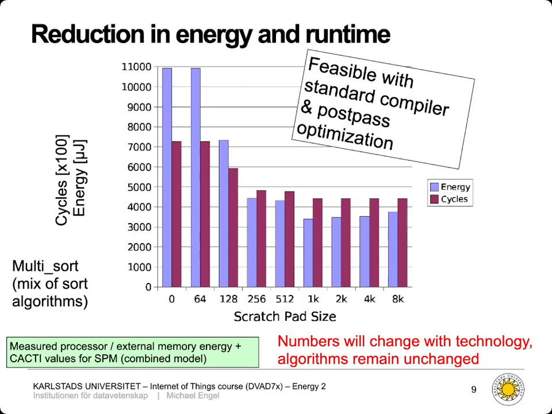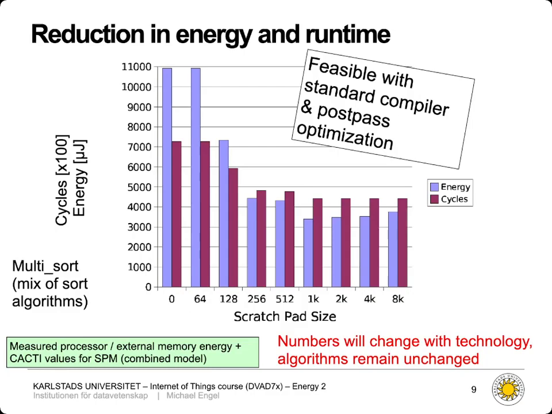Nevertheless, if you just use a standard compiler and a post-pass optimization for this, you can already save quite a bit of energy in some cases here. So this is just a mix of sort algorithms, and you see the energy consumption, the purple bar, goes down significantly.